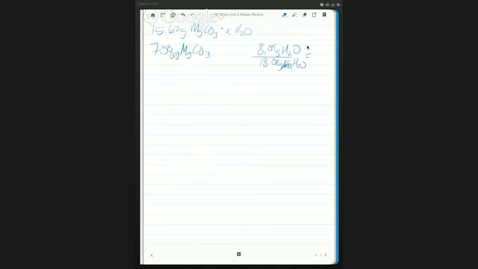Let's do that really quick. 8.09 divided by 18.02, and we end up with 0.449 moles of H2O. And the magnesium carbonate, I have to go to my periodic table and remember to write offhand.